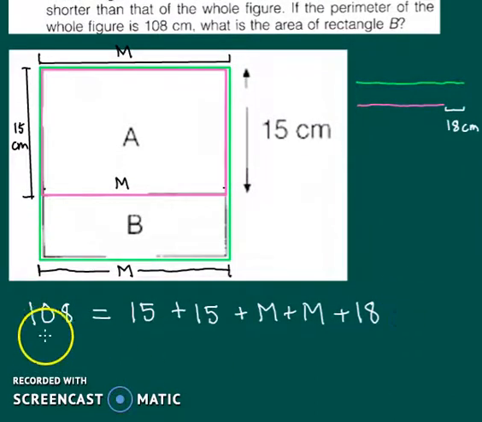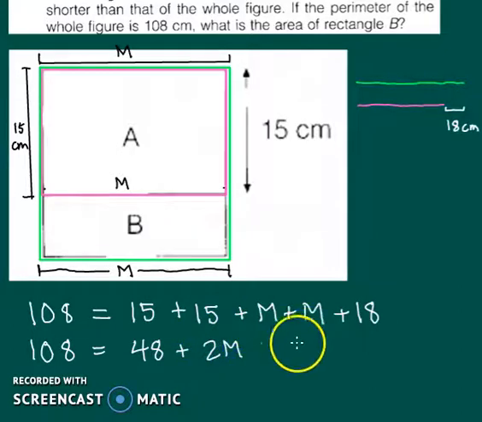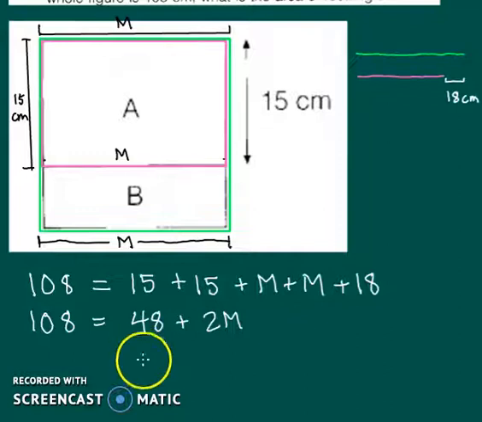Okay, so I need to solve for M. I'm just going to add together everything I possibly can at this point. 15 plus 15 is 30, plus 18 is 48. And I'm going to rewrite M plus M as 2M. I want to isolate the M, so I'm going to subtract 48 from both sides.